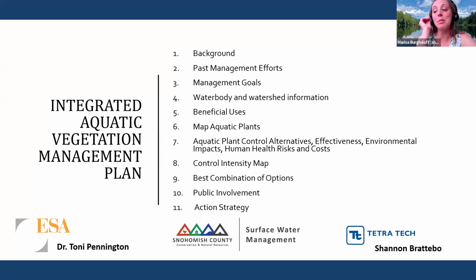The state Department of Ecology has a template, and it's called an Integrated Aquatic Vegetation Management Plan, which is a mouthful and kind of a horrible name, but that's what it's called. And it has each of these sections. So when you read through the plan, we had to follow their template. So sometimes it's a little redundant, but overall it provides really critical information to help guide a community to figure out what their options are for plant control so they can pick the best options for their lake.